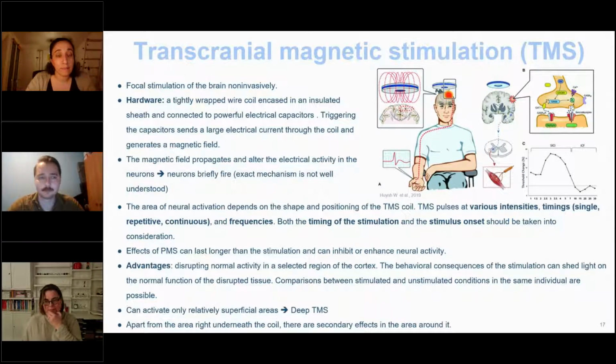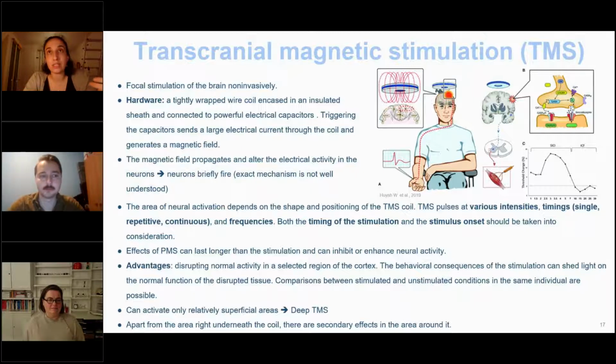Basically, the TMS, not PMS as I wrote here, sorry, can last longer than the stimulation and can inhibit or enhance neural activity. The big advantage is that we can disrupt the normal activity of the selected region and perform a task, and then perform the same task without disrupting the normal activity.